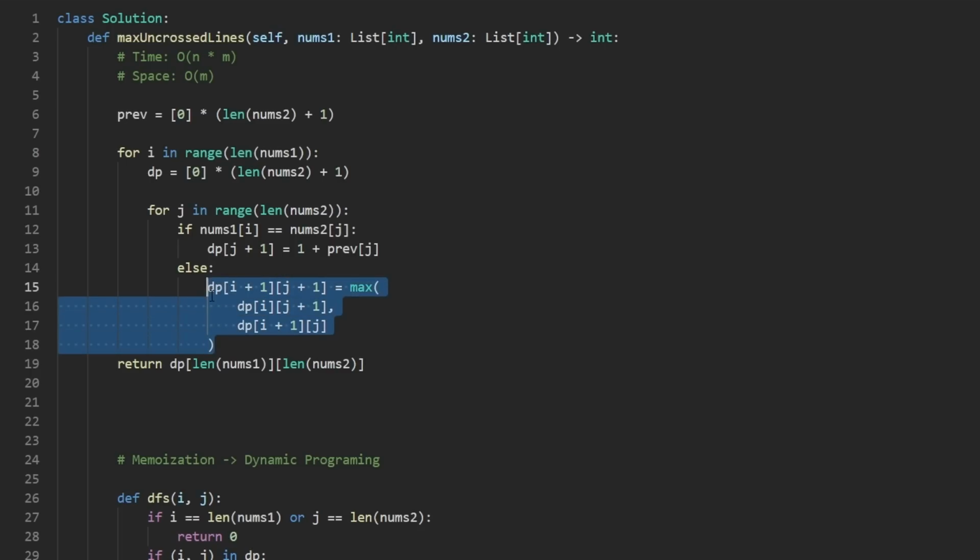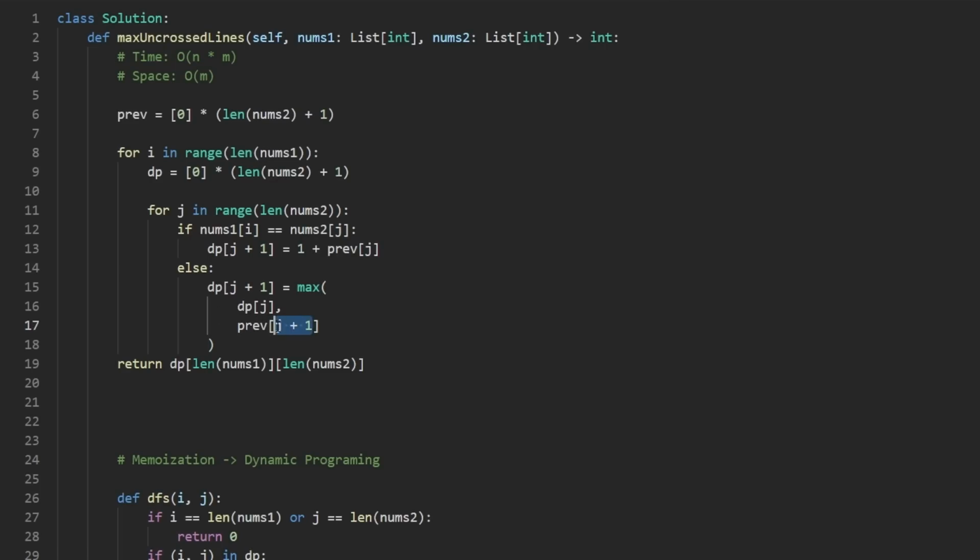And for down here, we want to do something very similar. So dp of j+1 is what we're trying to determine yet again. But we want to take the maximum of the value to the left, which is going to be dp of just j. So staying in the same exact row, looking to the left of this value, or looking up above in the previous row, which is previous at position j+1.